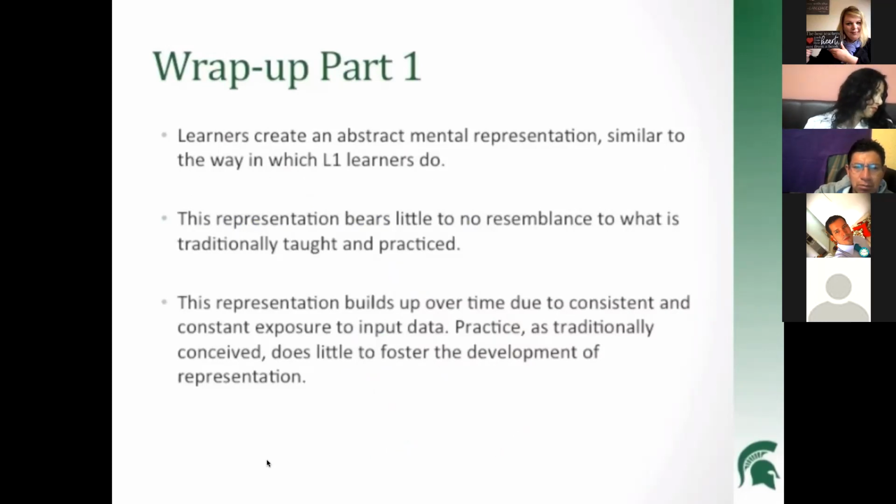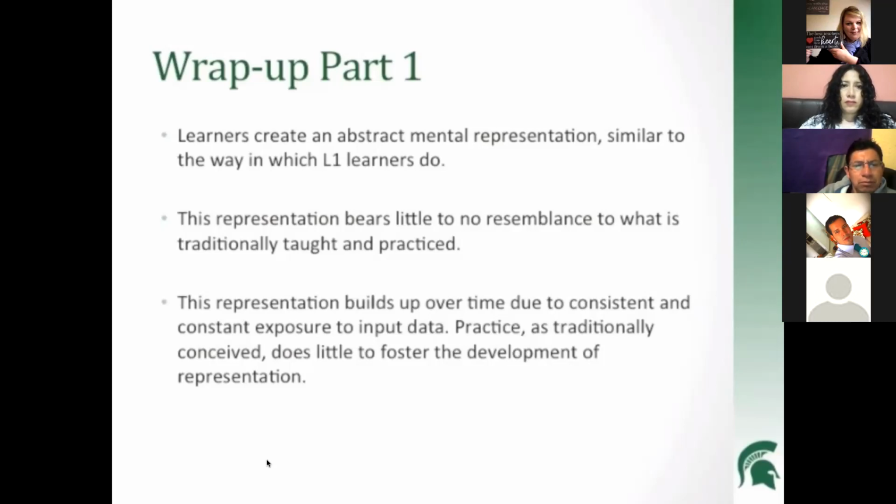This representation bears little to no resemblance to what is traditionally taught in practice. In other words, textbook rules aren't what winds up in your head. And paradigms and the kinds of things that you practice in typical language classes just aren't part of this representation. This representation builds up over time due to consistent and constant exposure to input data. That is, you've got to get immersed in a language for your representation to build up.